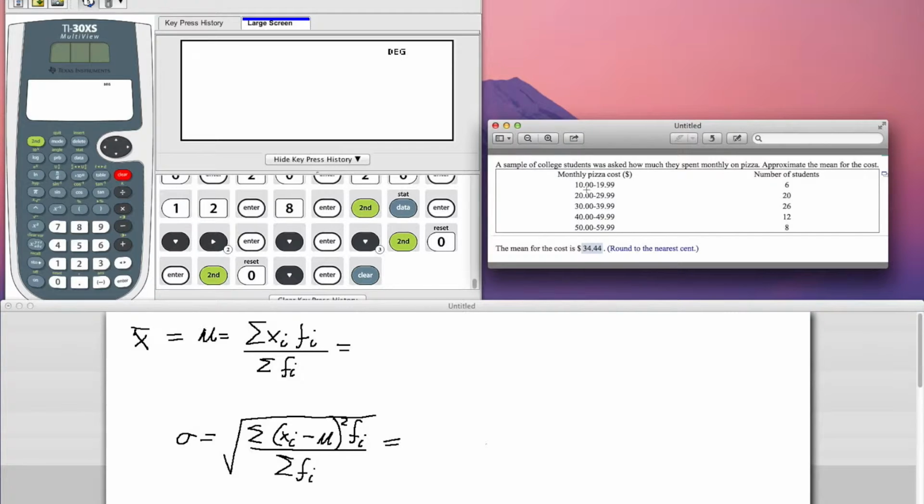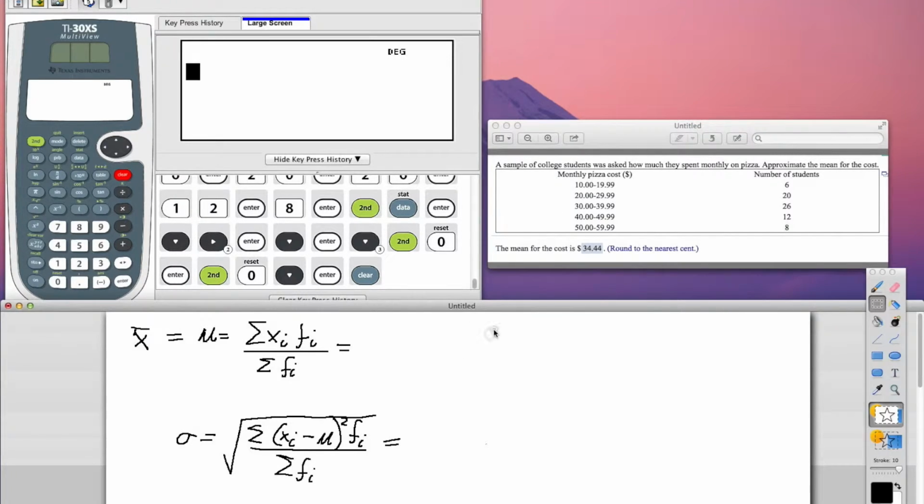So in order to do that, we take the lower limit of the first class, which is 10, and we add the lower limit of the second class, which is 20, divide by 2, and that gives us the midpoint, which is 15. And we do this for each class.